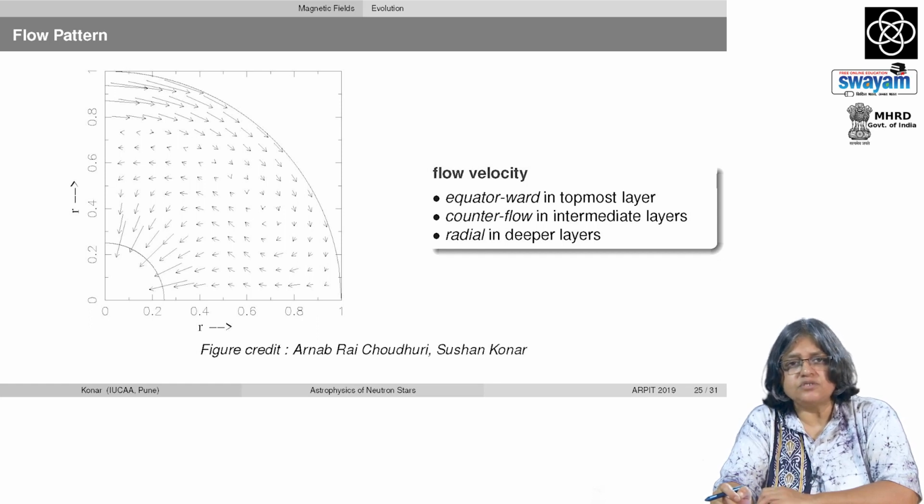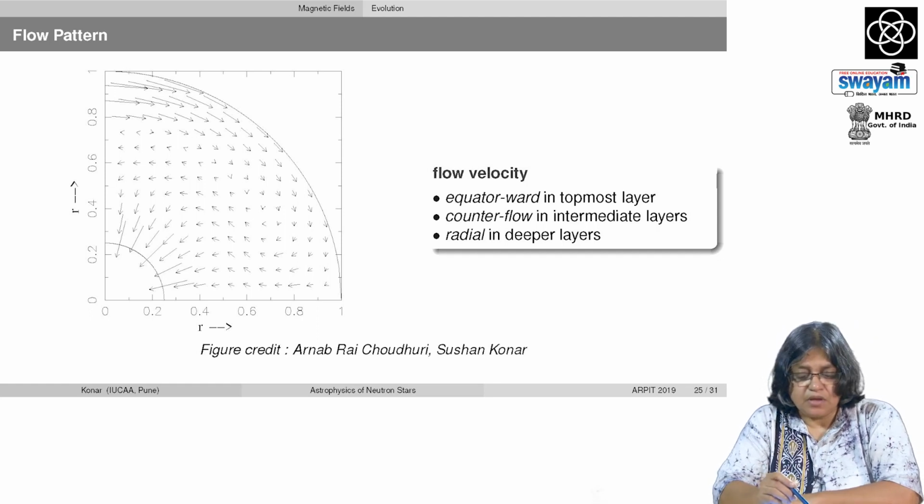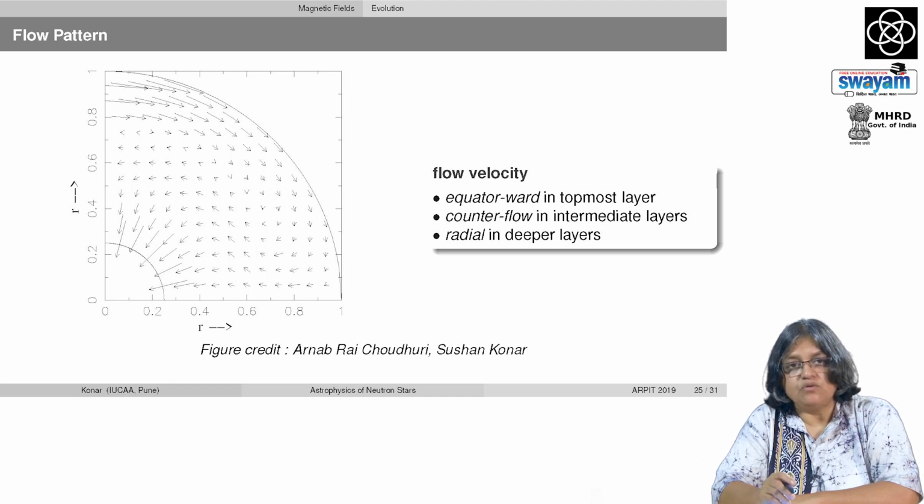But what is the result of such a magnetic confinement? The material flows only from the bottom of such a column. So, the material would basically flow sideways and reach the equator, where material from the other pole would also arrive and meet at the equator, and then it would slowly backtrack, and finally, in the deeper layers of the star, what would happen would be a radial inward compression of the entire star.